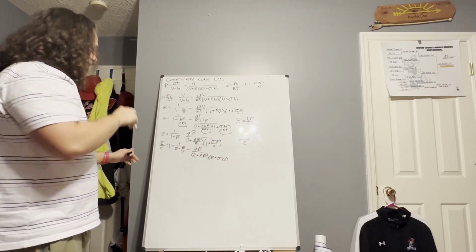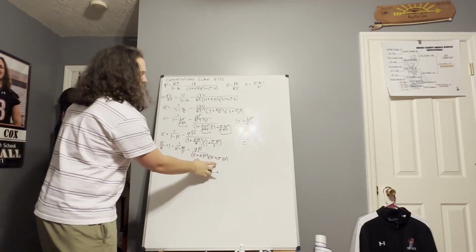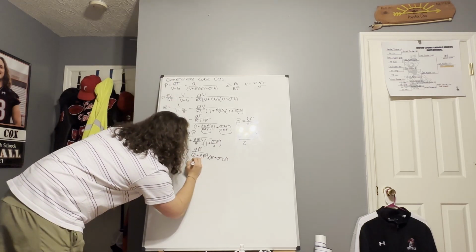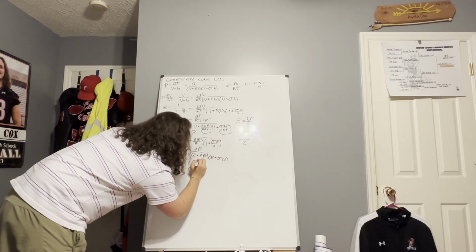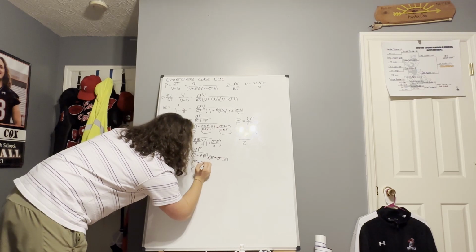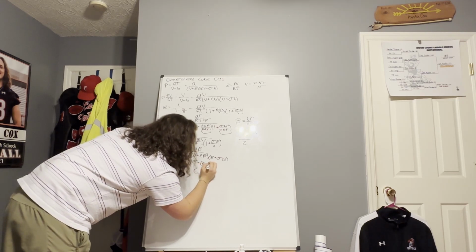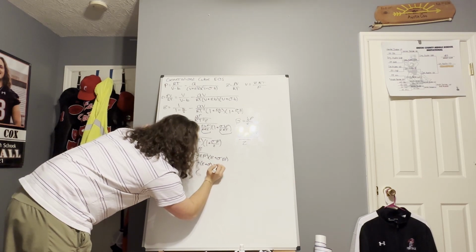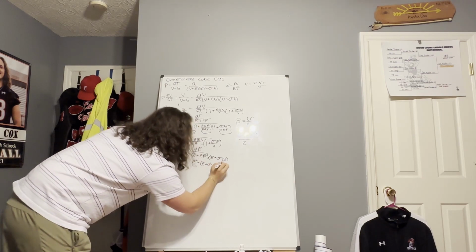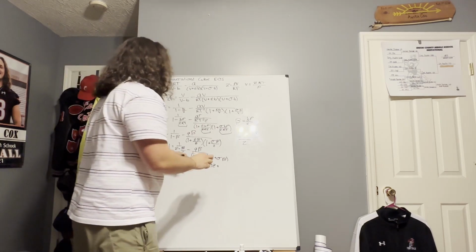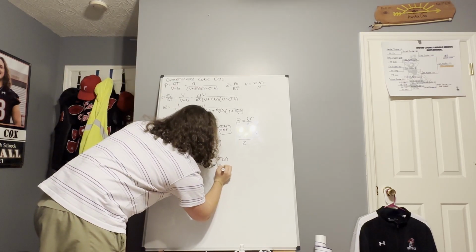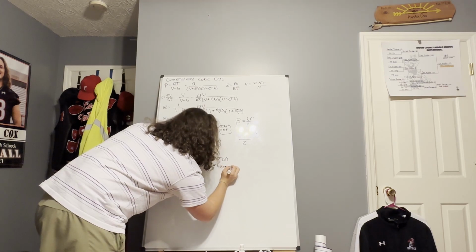Then, once we have our equation here, we notice that we can FOIL these out to get Z squared plus epsilon plus sigma beta Z, and then plus epsilon sigma beta squared.